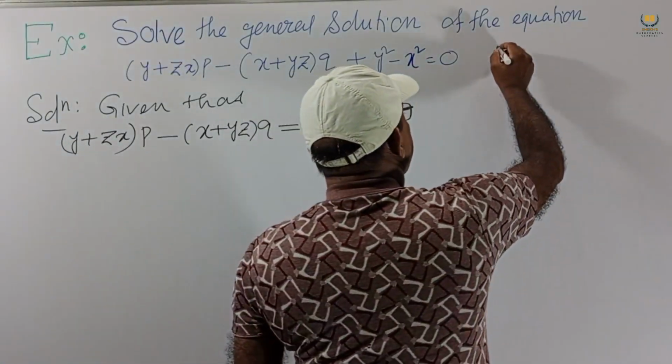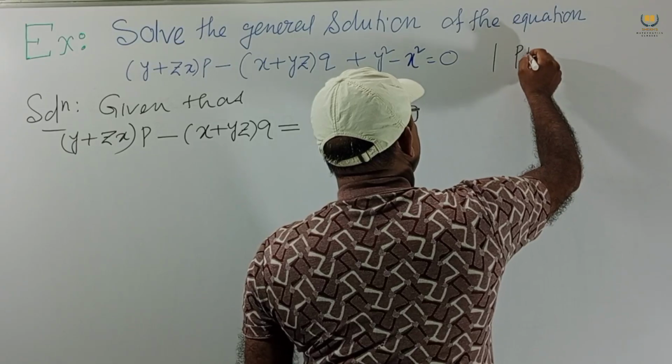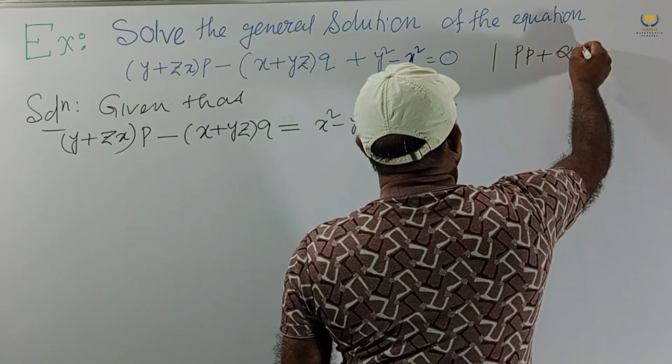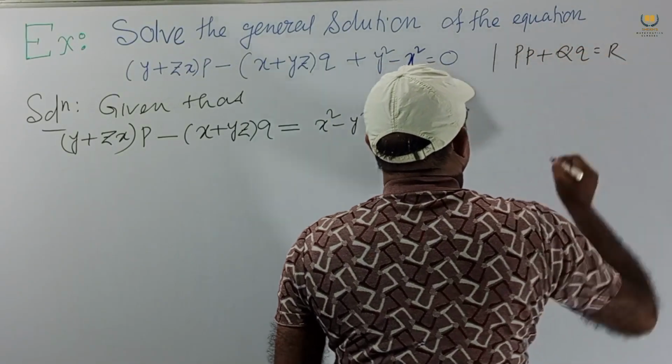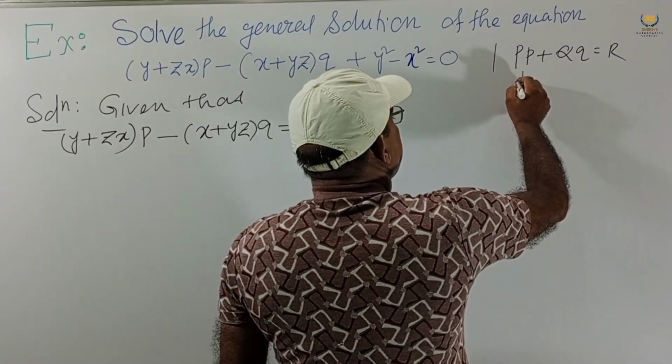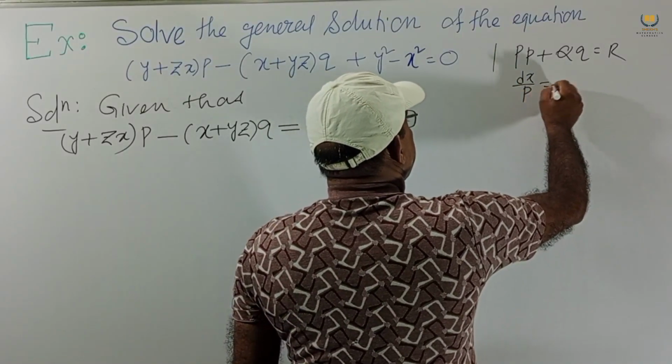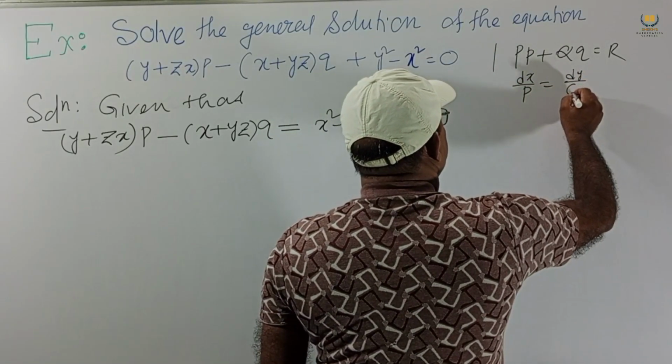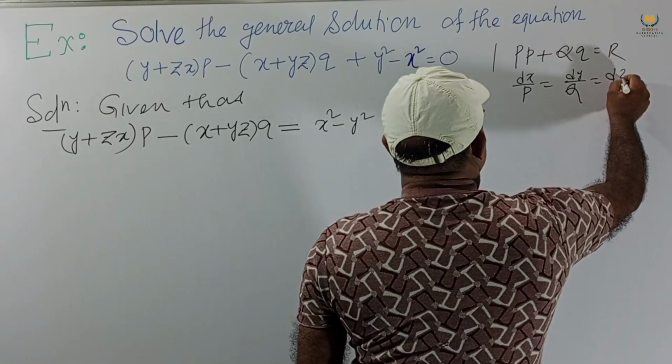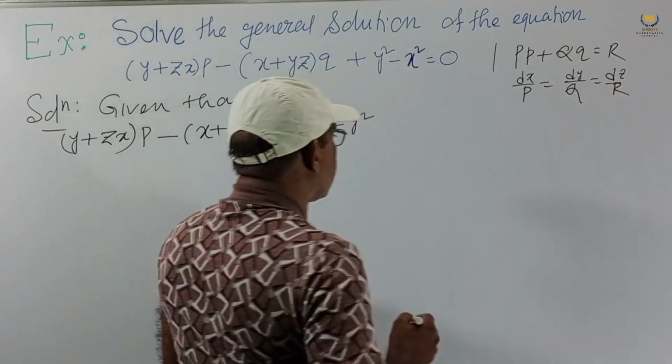Again I recall the main formula, Pp + Qq = R. Then the auxiliary equation is dx/P = dy/Q = dz/R.